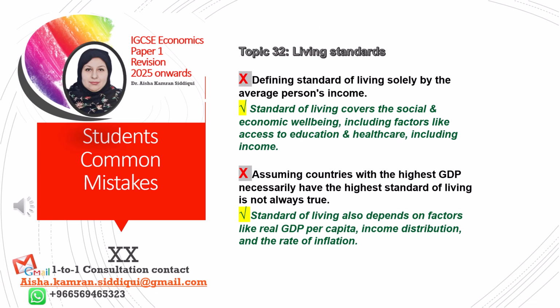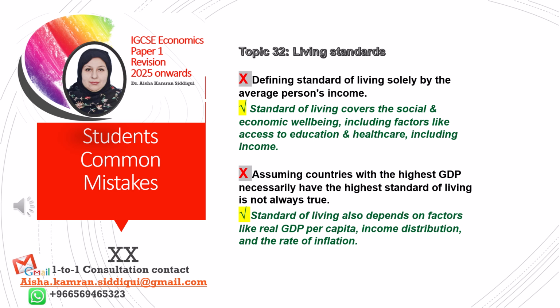Topic 32, living standards. Defining standard of living solely by the average person's income is incorrect. The correct definition of standard of living is that it covers the social and economic well-being, including factors like access to education and healthcare, including income.